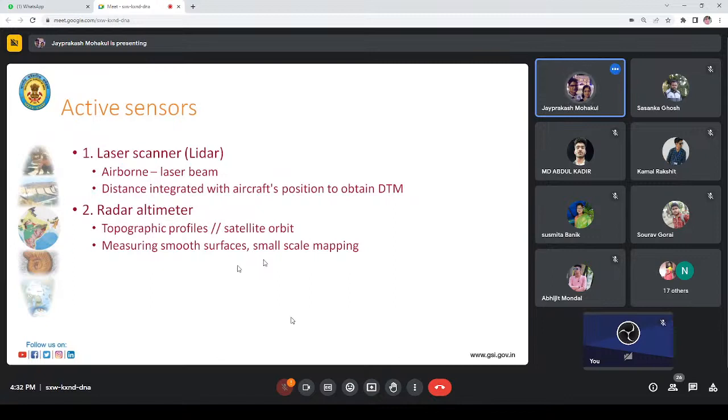You have a digital elevation model by ground survey, right? Then you can have an aerial camera, take photographs of the same area from two different positions in the sky. So you have a stereo pair. As you know, we are able to see in three dimensions because we have two eyes.